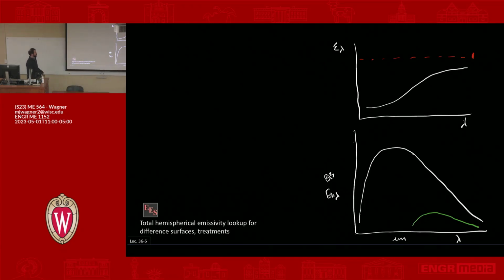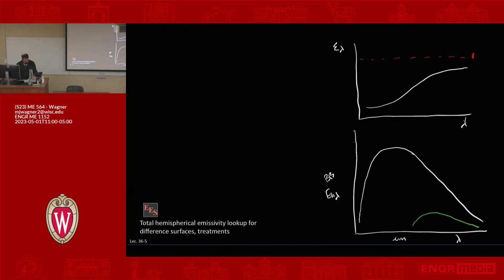Right, so you have to take into account the fact that the temperature of the emitting body is really important in evaluating the effective emissivity.